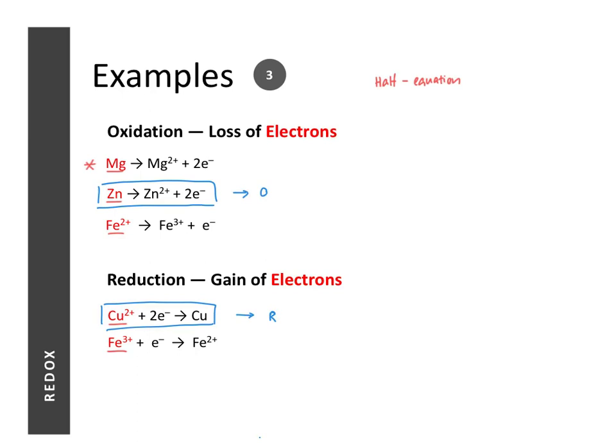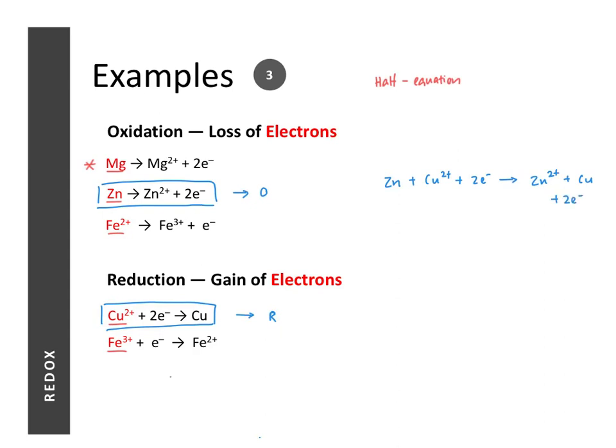We just add the two equations together. We combine the substances on the left and on the right. So on the left of both equations, I have Zn plus Cu2+ plus 2 electrons. On the right, if we combine the products for both reactions, we get Zn2+ plus Cu plus 2 electrons again.